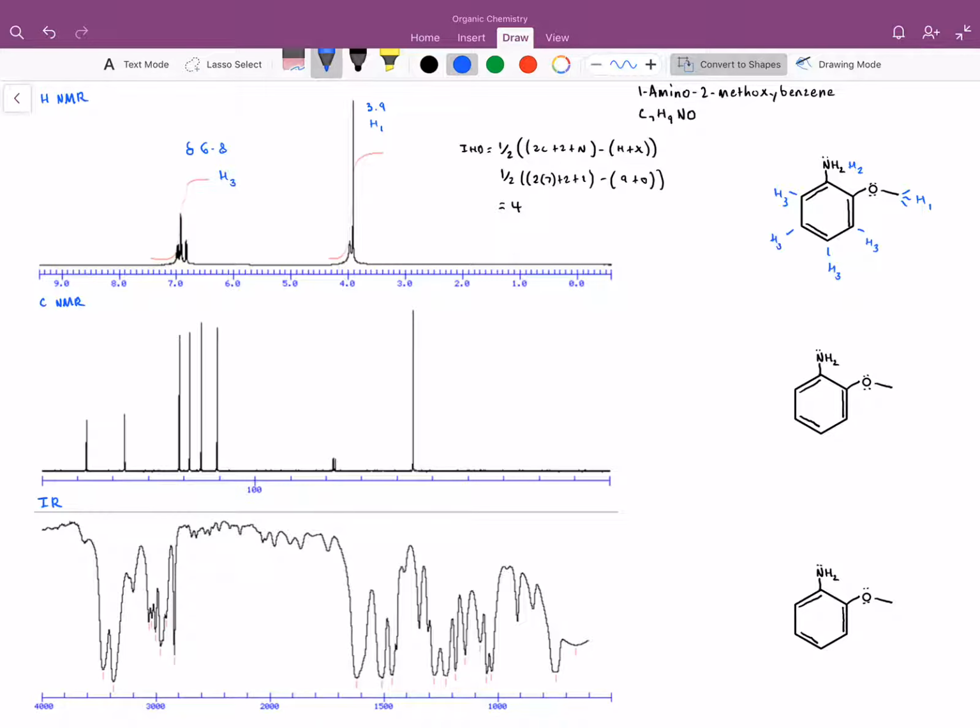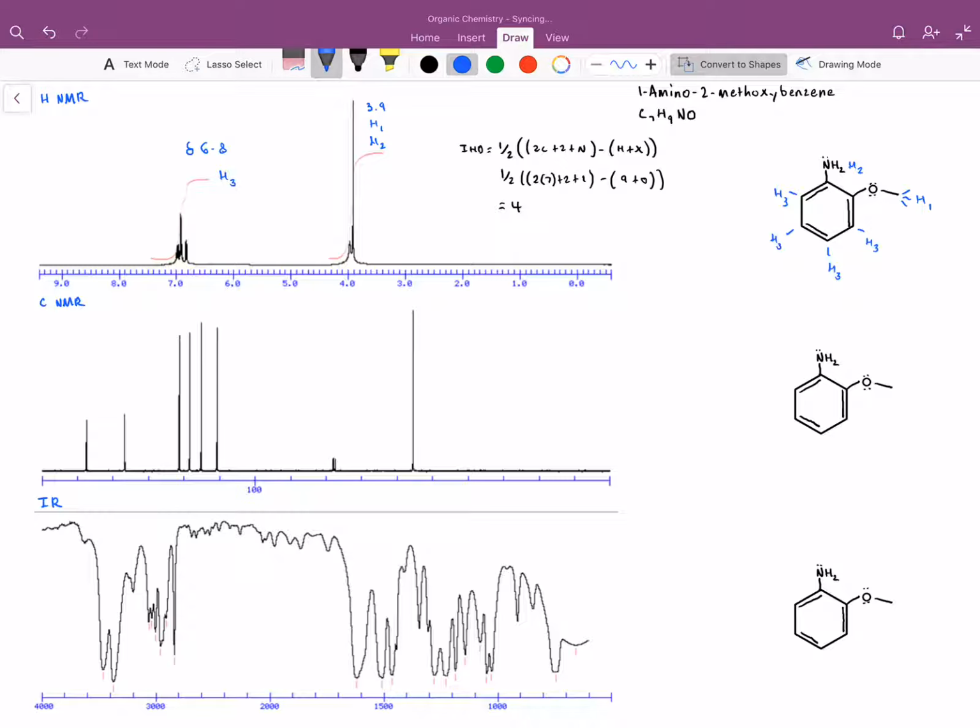So that leaves us with our hydrogens labeled H2 coming off of the nitrogen. We have two hydrogens there, and those are actually showing up here as well, around 3.9, with a very similar shift value to the hydrogens labeled H1. Again, this can be a little confusing.